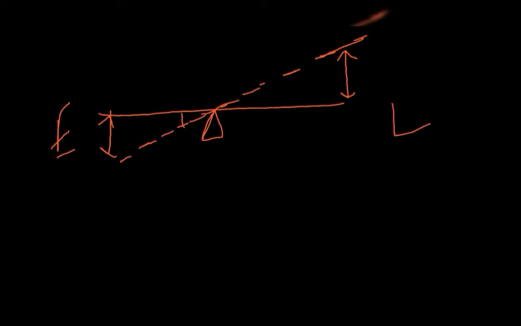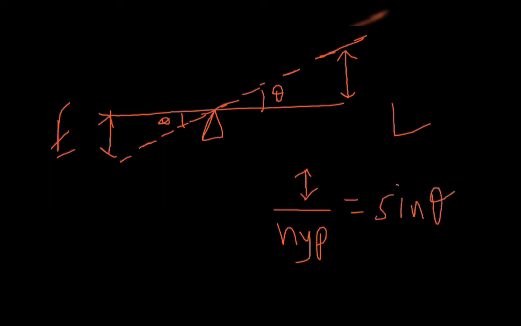Now if you see, this is theta, so this also has to be theta. Let's say this is x. You all know that this length by the hypotenuse is nothing but sin theta.